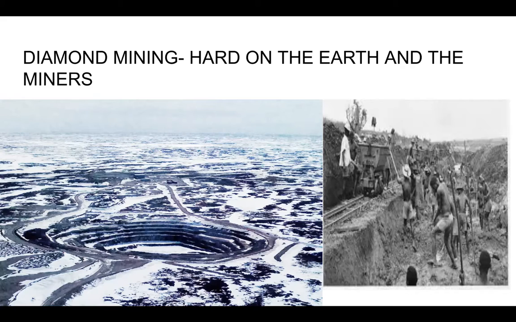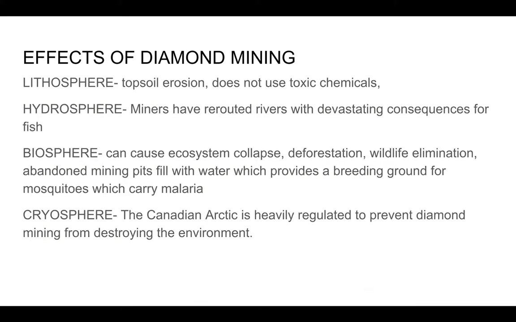Now we've got a picture of a diamond mine down there, and the landscape is kind of wrecked from that. Diamond mining has been going on for well over 100 years. And because of the way it was approached a long time ago, there weren't a lot of safety measures for either the workers or for the lithosphere, and so they had tremendous topsoil erosion.